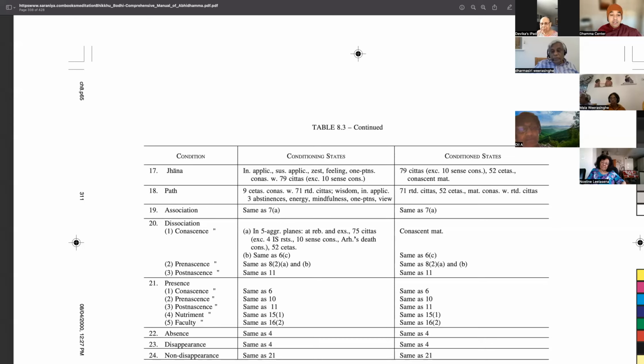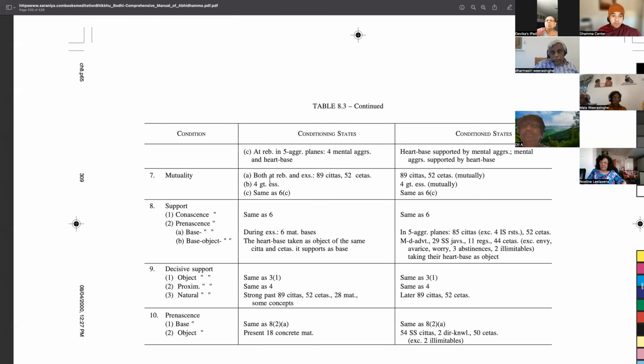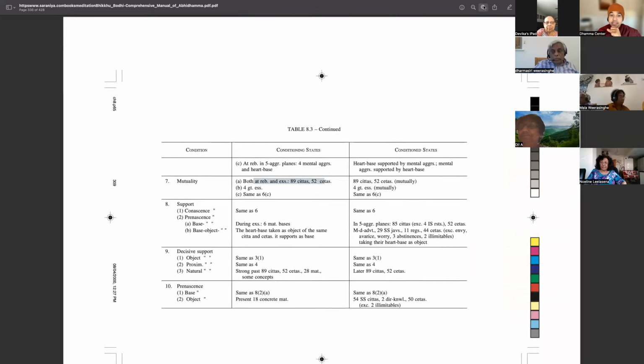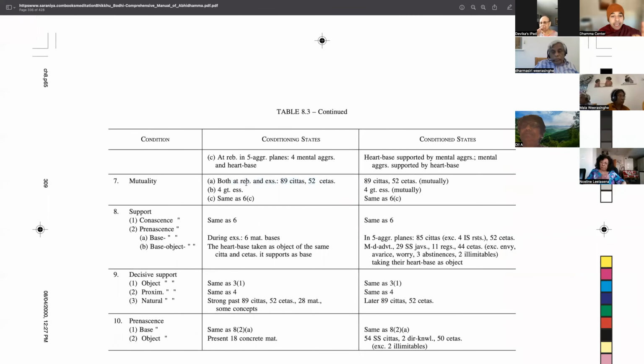Now, for example, if we are to go back to mutuality, we see the 89 chittas and 52 chetasikas. We need to realize that when the 89 chittas and 52 chetasikas are seen, they are not reported as a cluster.